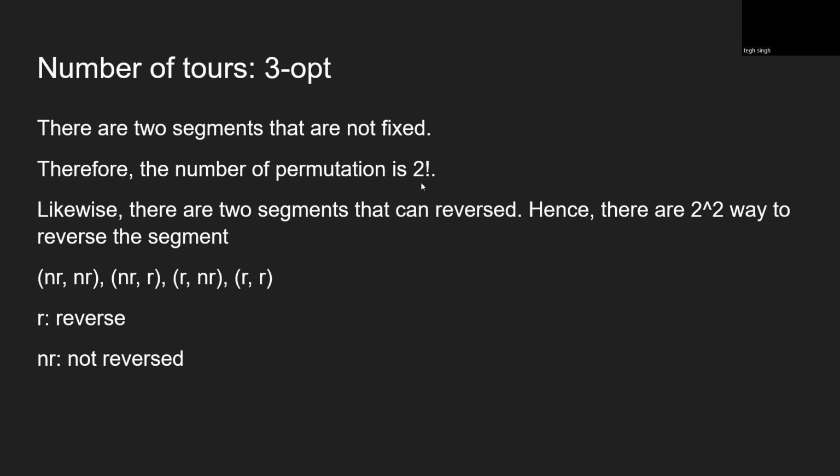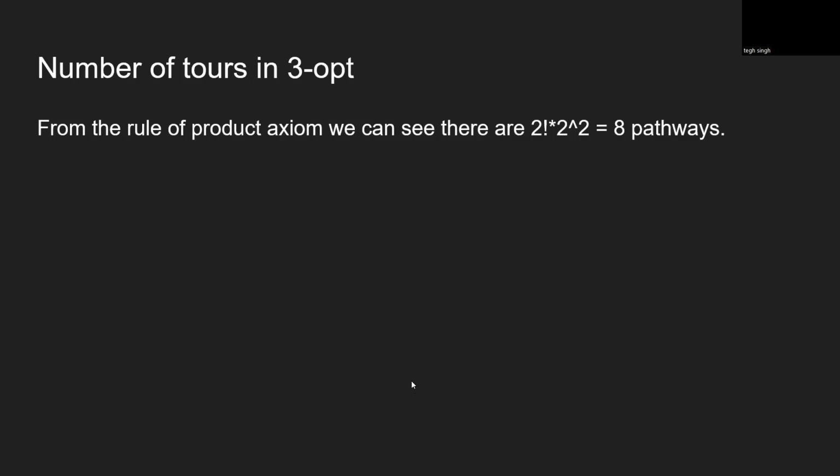Therefore, the number of permutations is 2 factorial. Likewise, there are 2 segments that can be reversed. Hence, there are 2 to the power 2 ways to reverse the segments. This lists all the possibilities, where NR means not reversed, R means reversed. From the rule of product axiom, we can see there are 2 factorial times 2 to the power 2. That means there are 8 possible tours that we need to consider.